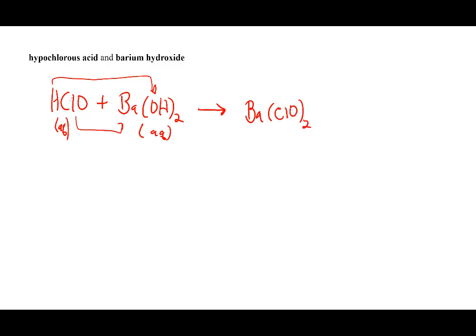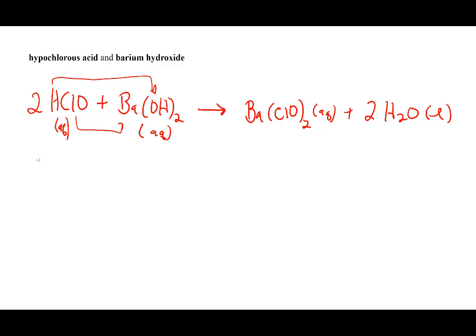It's a 2-to-1 because hypochlorite's a -1 ion, and that's going to be aqueous. Then I'm going to make 2 waters from the 2 hydroxides with the hydrogens there. And so that's liquid, because you can't have water dissolved in water. And to balance this, you're going to need a 2 here.